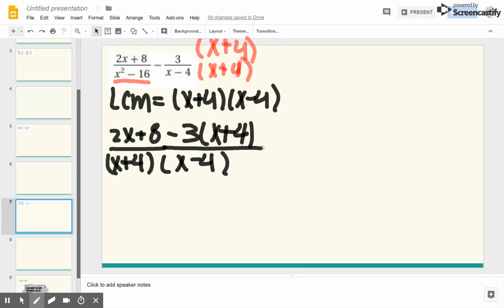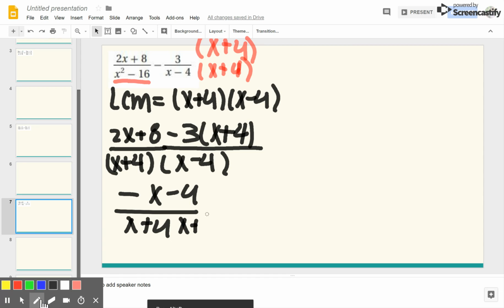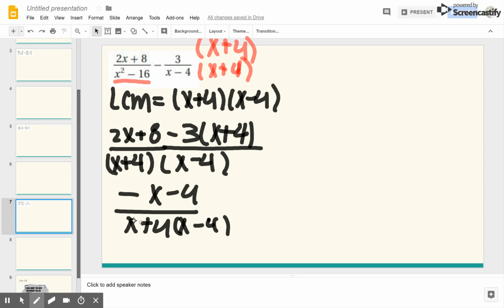Alright, so once we simplify that, we get negative x minus 4 over x plus 4 and x minus 4. Okay.